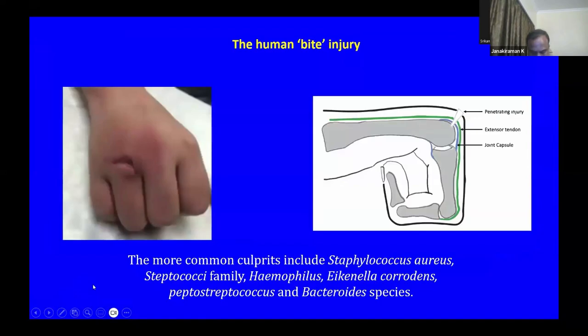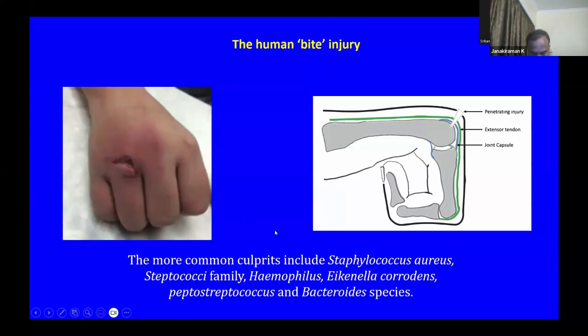We also have a condition which is called a human bite injury. Typically, the knuckles are injured, and this is very unique in the sense that as soon as the digit extends, you will find that there is no correspondence between the penetration of the skin and penetration of the capsule. So invariably, this whole thing gets closed up, and whatever organisms are present are allowed to sequestrate here.